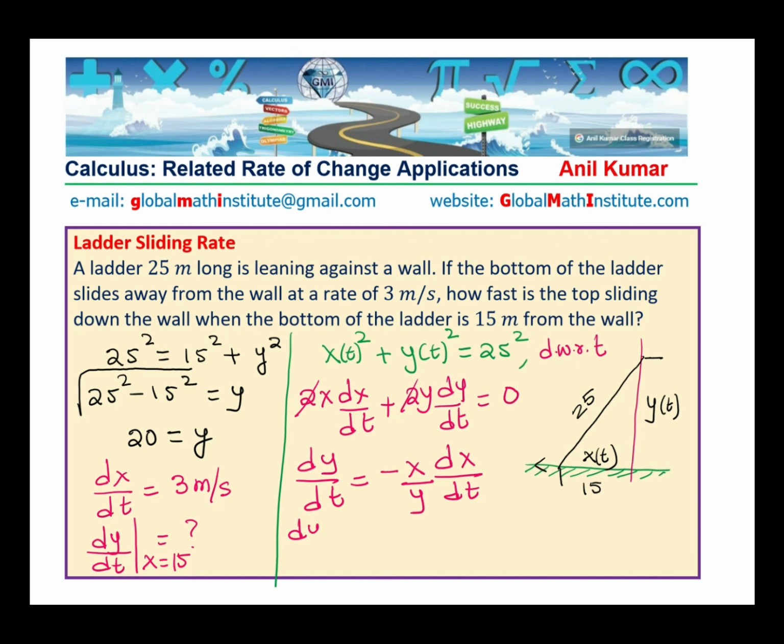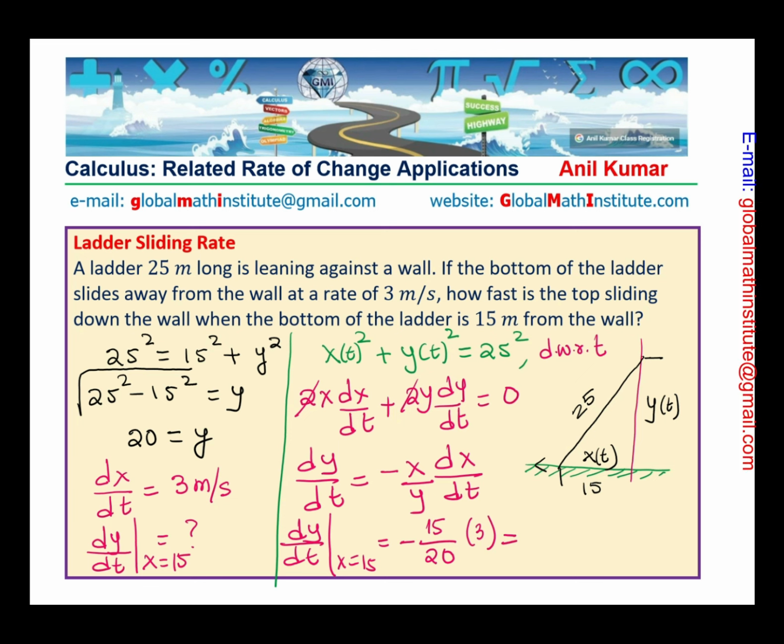So we can substitute the values for dy/dt when x is 15. At that time we get minus x, which is 15, over the value of y we calculated initially as 20, times dx/dt as 3. So that gives you 15 over 20 times 3.